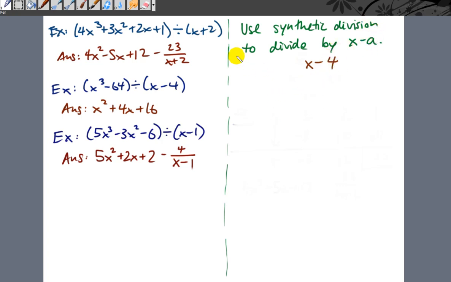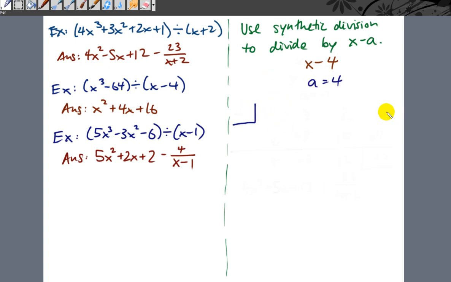We don't need to do any manipulating like with the addition symbol. So a is 4. When we set up the synthetic division, like I told you earlier, this a is going to come here, and then whatever leading coefficients we have go in front of here.